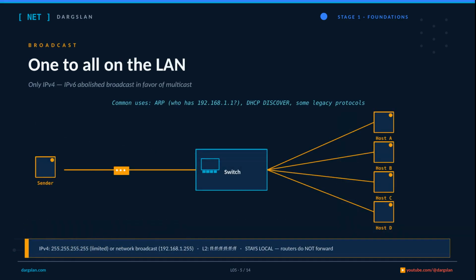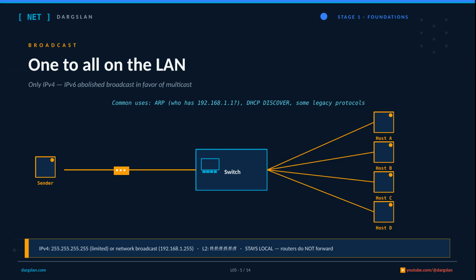Now flip that idea on its head. Instead of one specific destination, broadcast means one to everyone on the local network. The sender hands a single frame to the switch, and the switch floods it out every port. Host A, B, C, and D all receive a copy, whether they wanted it or not. You'll see this with ARP.